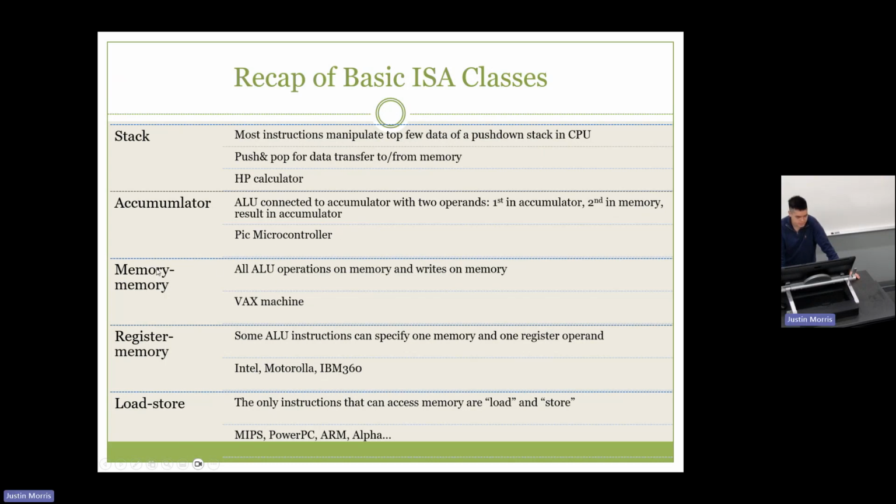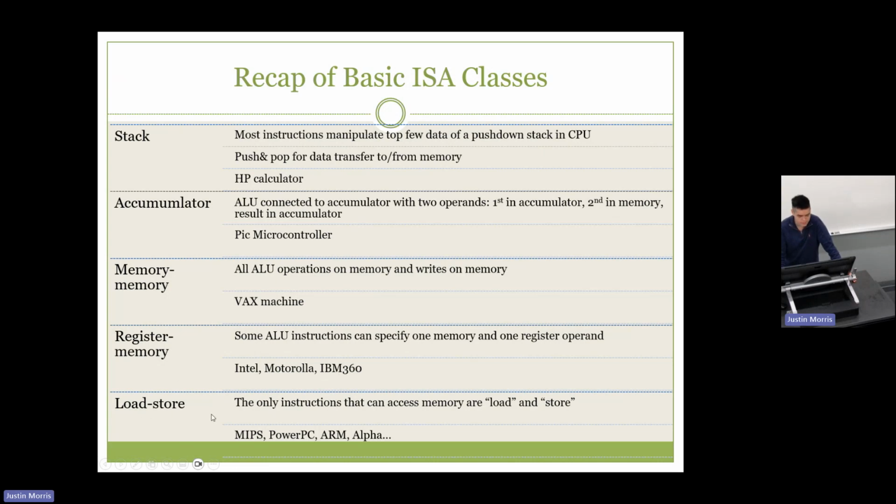And then memory. So all of these, again, are general purpose register, but there are three different types. Memory: all ALU operations read and write to memory. There are no registers. Register-memory: some ALU instructions can specify one memory location and one register operand. x86 can do this.